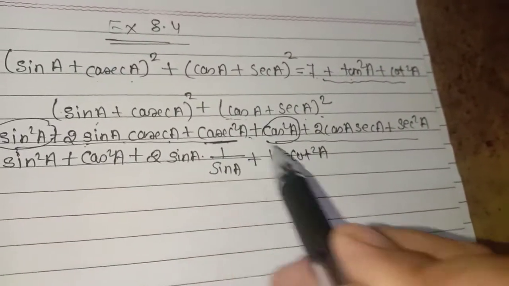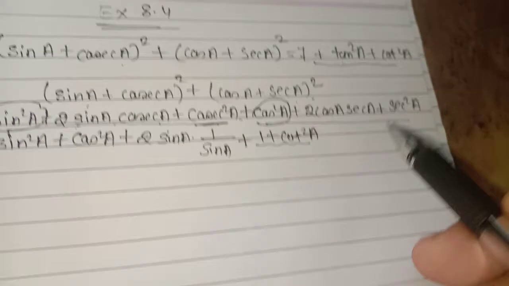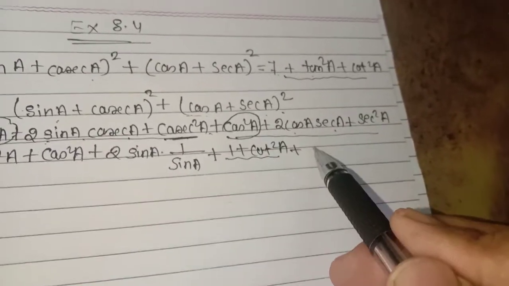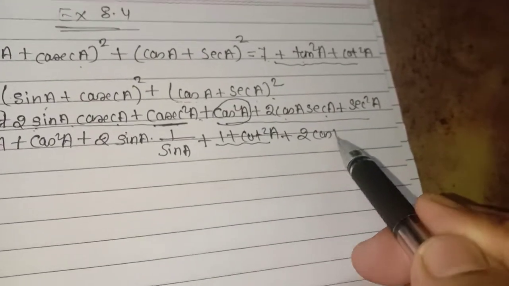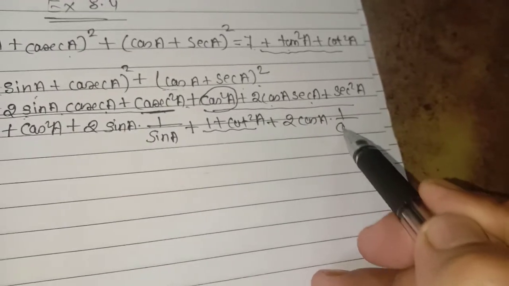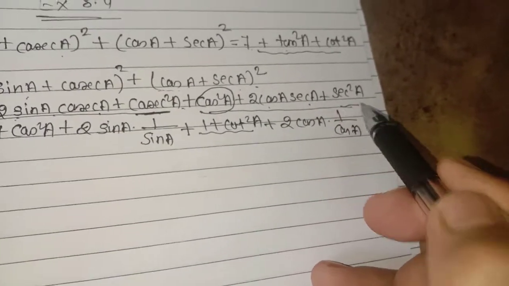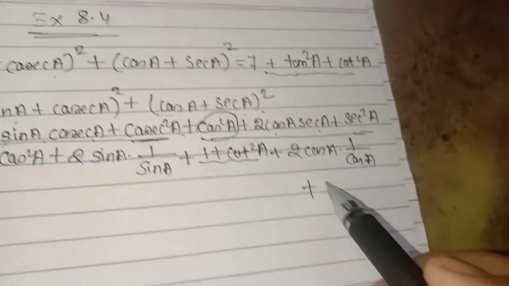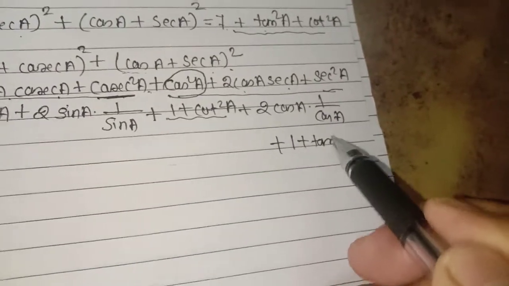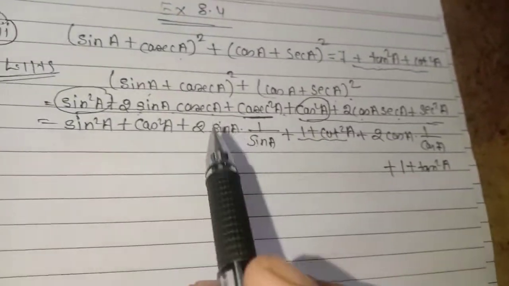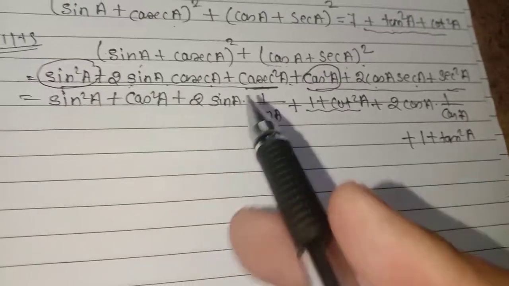And 2 cos A sec A, so 2 cos A and sec A is what? 1 upon cos A, plus sec square A can be written as 1 plus tan square A, identity that we have done in our previous topics.